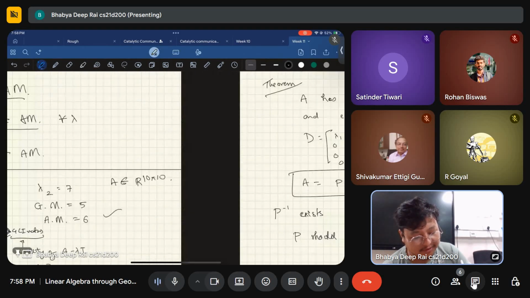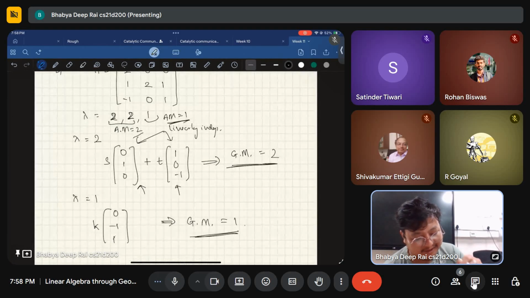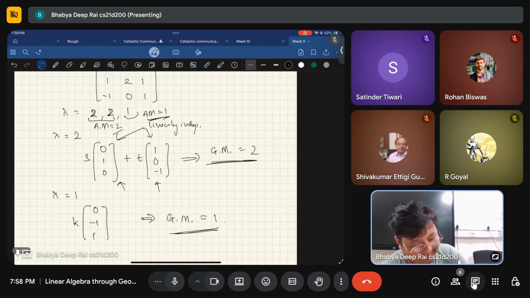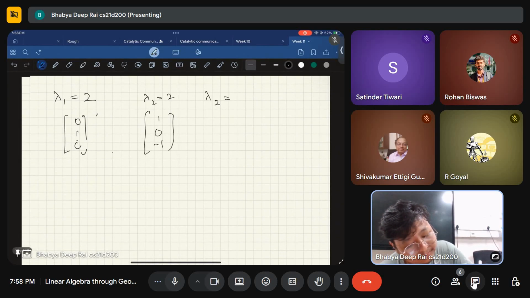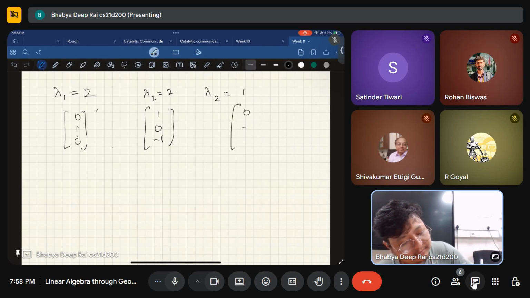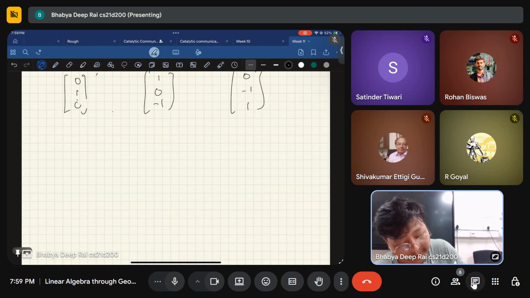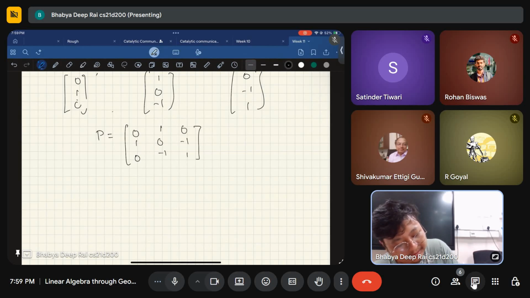So it's almost like for a particular eigenvalue you have a unique eigenvector: 1, 0, -1 and 0, -1, 1. Now what do you do? You do P equals 0, 1, 0, 1, 0, -1, 0, -1, 1. And D is just there. Now you should preserve the order.